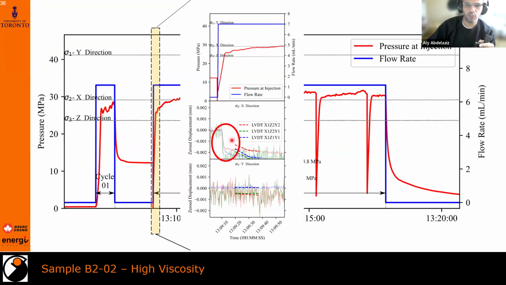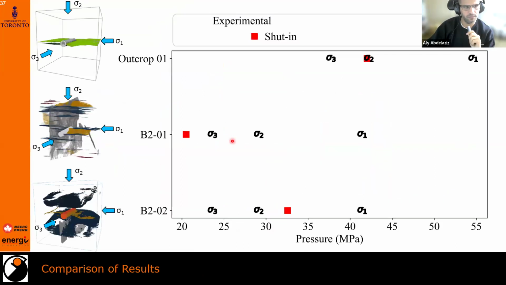Now, I know I bombarded you with lots of numbers, lots of signatures, but let's look at this in a nice figure. So this is what we have in terms of the stresses. For each cube, you see sigma 1, 2, and 3 that were applied on the cube, and you see the shut-in pressure.